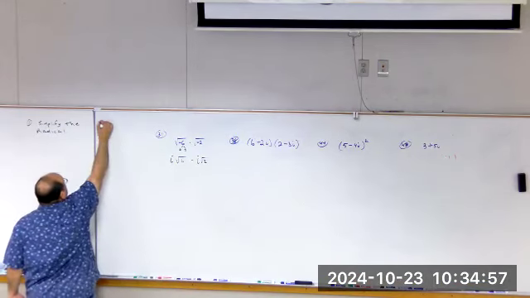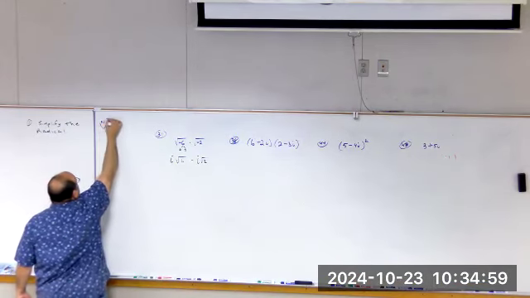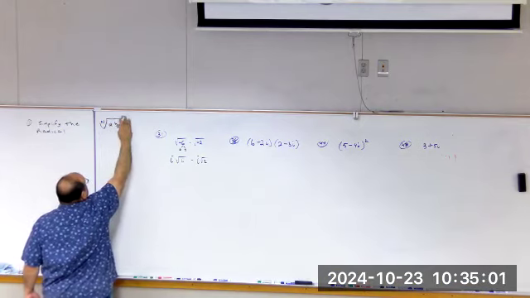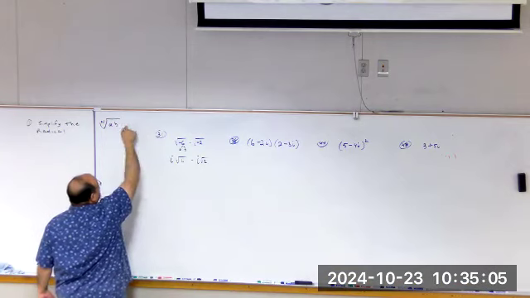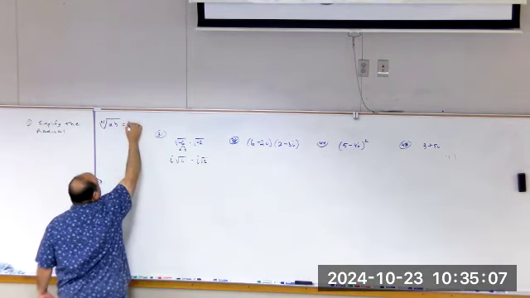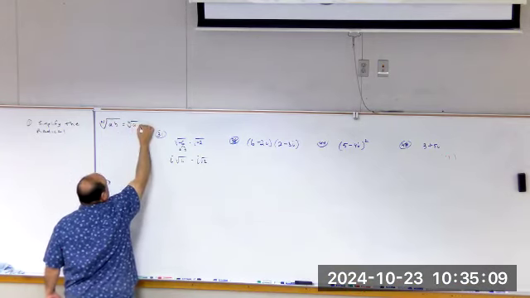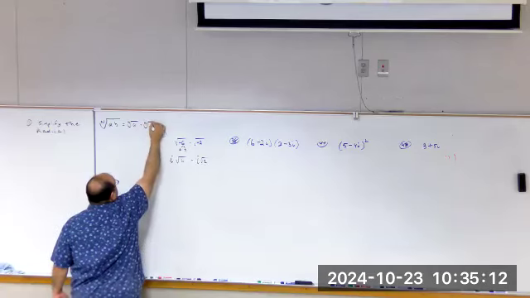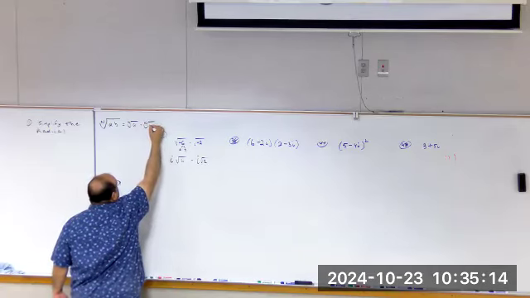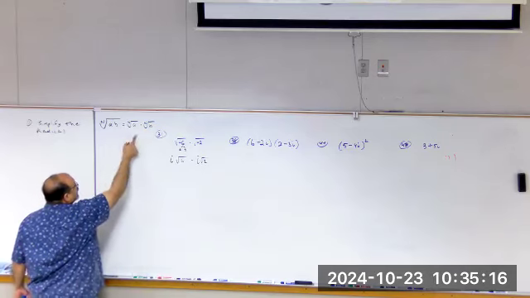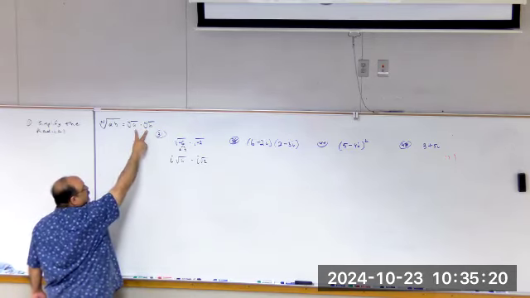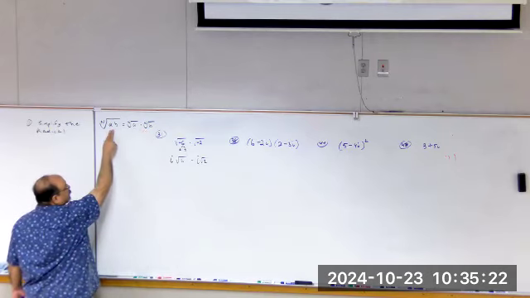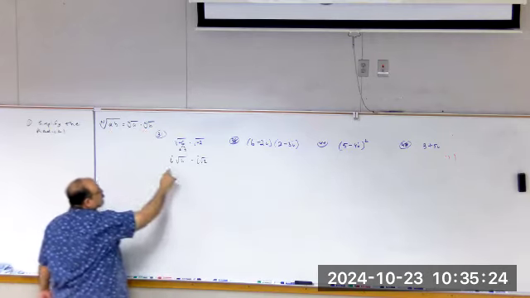The nth root of A times B can be separated into the product of each factor: the nth root of A times the nth root of B. But equals works in both directions. If I have the same radical of A times same radical of B, I can make it one radical. So I can multiply it.